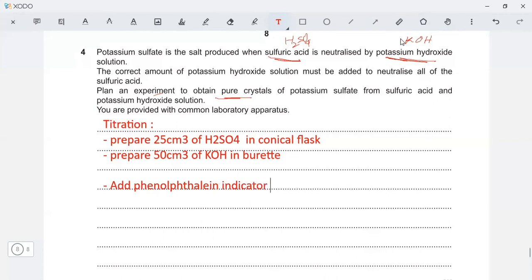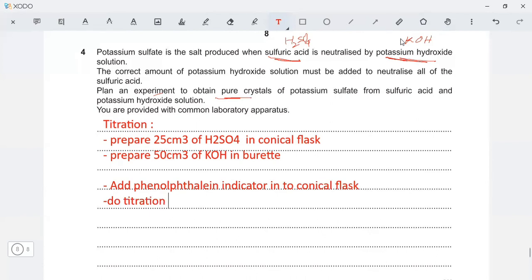Where we should add it? Into the conical flask. Because here in the conical flask we have already taken the acid. Done. So after that, what you have to do? You have to do titration.